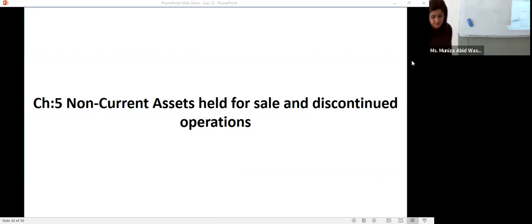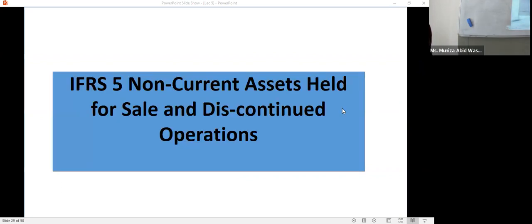So this is IFRS 5. Non-current assets held for sale and discontinued operations. Students, this standard deals with those assets which are held for sale during the accounting period of an organization. Sometimes during the life of the organization, during the going concern of the organization, a few assets are held for sale.